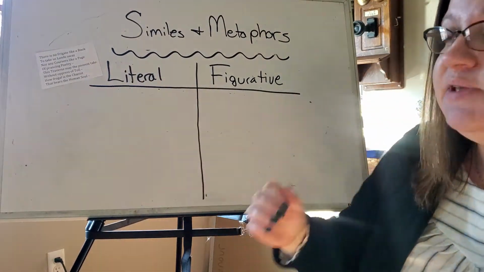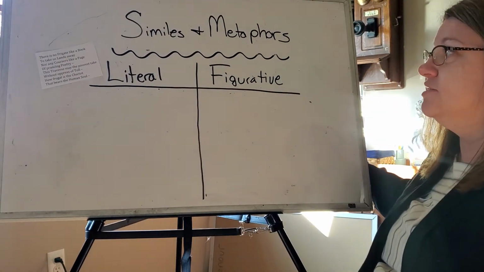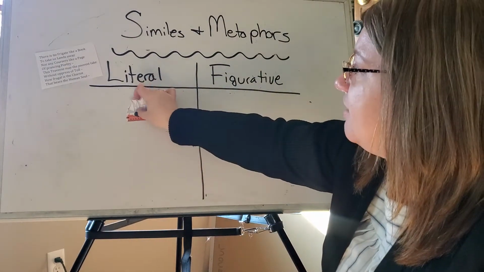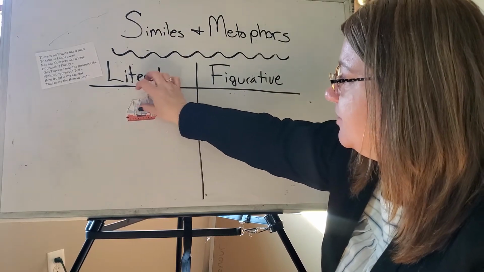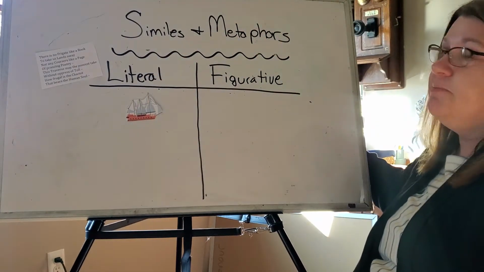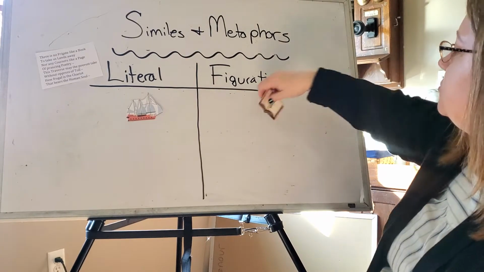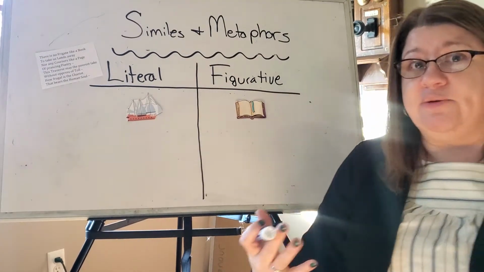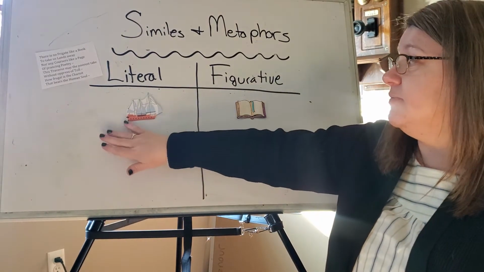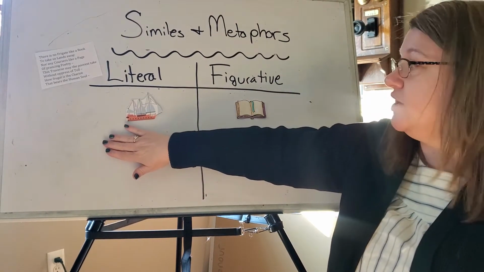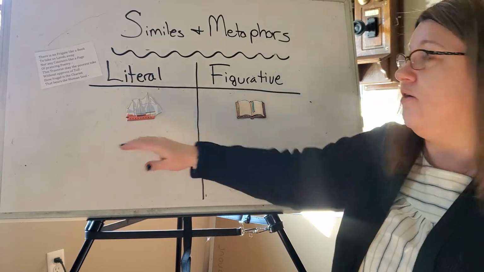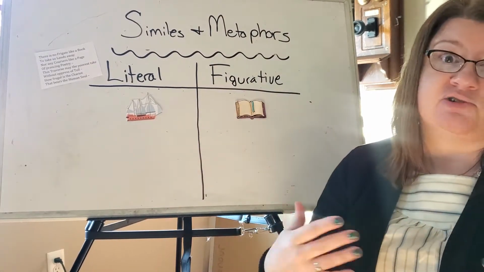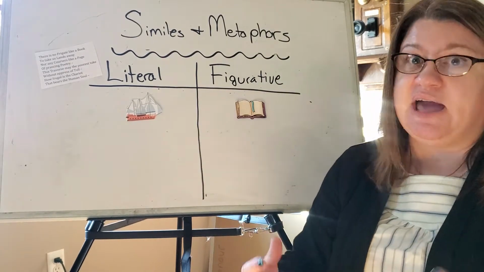In this case, if the first thing was being compared to the second thing, here's what we would have. We would have a frigate, which is a ship. We would be comparing that frigate to a book. Now, why would I do that? I'm trying to tell you something about this thing that I'm experiencing right now by comparing it to something else that we both can describe and understand together.